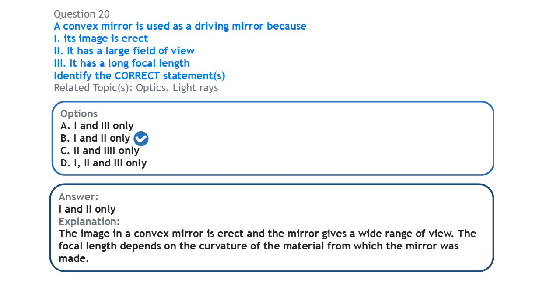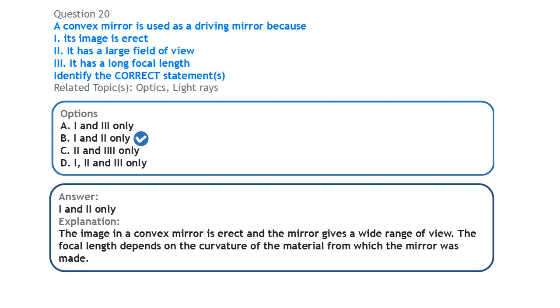Okay, so the focal length, for example, is half the radius of curvature. So the greater the curvature, the greater the focal length, because the greater the radius of curvature, the greater the focal length. So we cannot say generally that it has a long focal length. This depends on the curvature of the material.